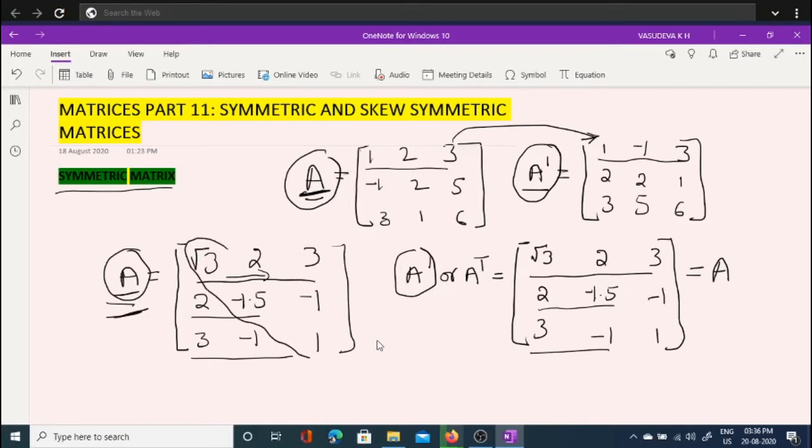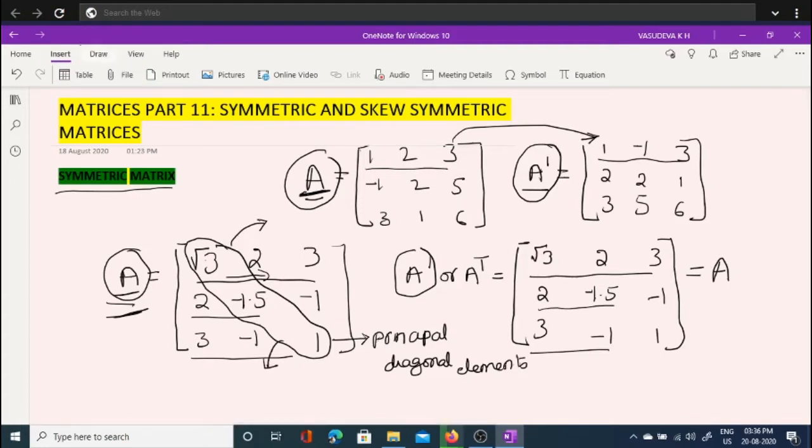ದ ಎಲಿಮೆಂಟ್ಸ್ ಫ್ರಮ್ ದಿ ಟಾಪ್ left corner to the right bottom corner, these are called principal diagonal elements ಅಂತ ಕರಿತೀವಿ. ಈ principal diagonal elements, the elements above the principal diagonal and below the principal diagonal.